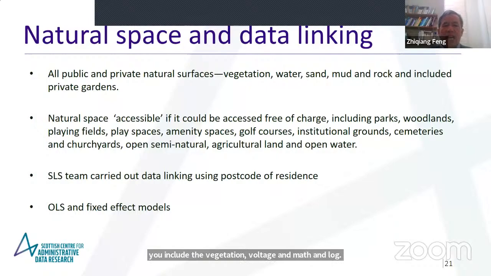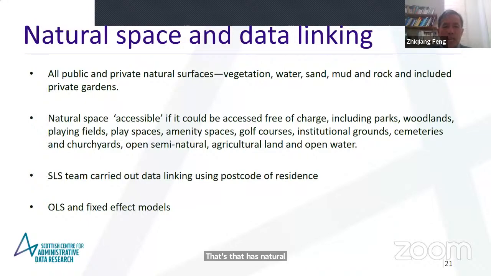And by accessible, they define a 100-meter buffer around people's homes. So they count the percentage of the buffer that has natural space.